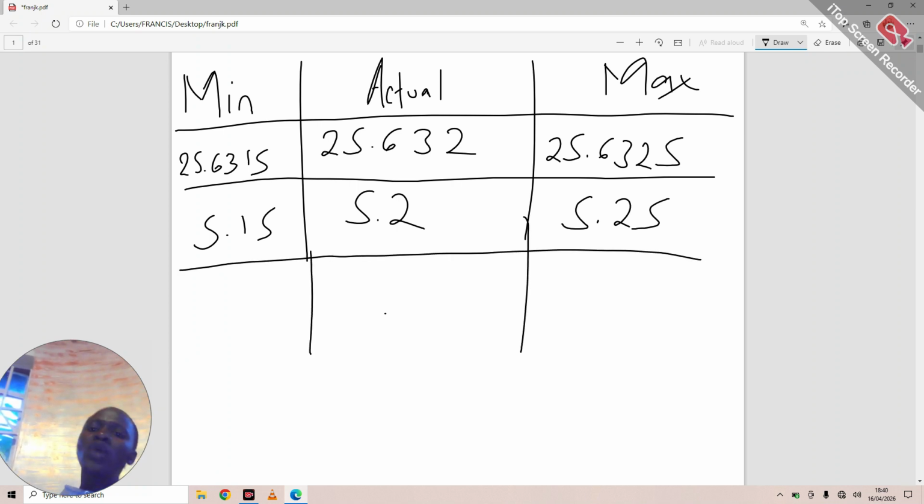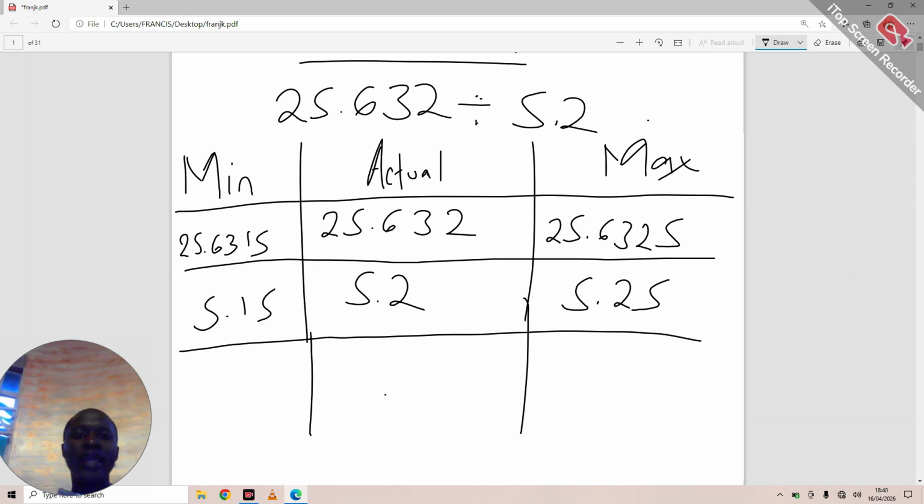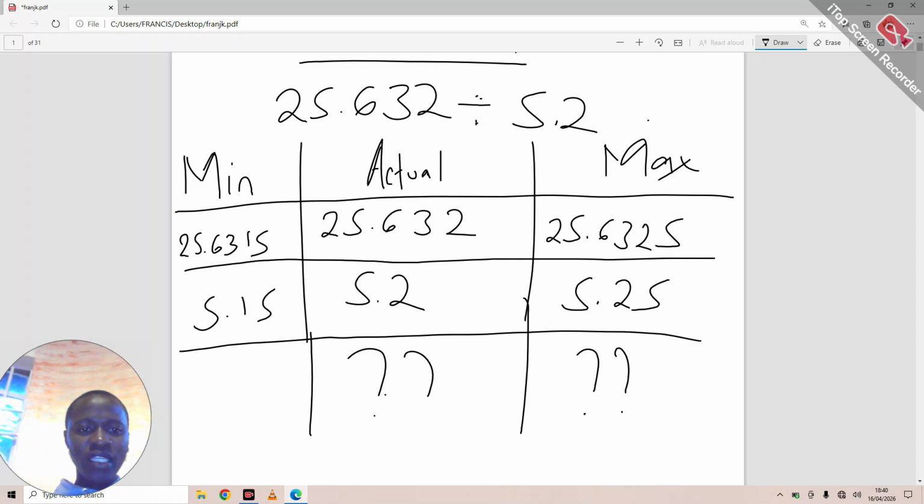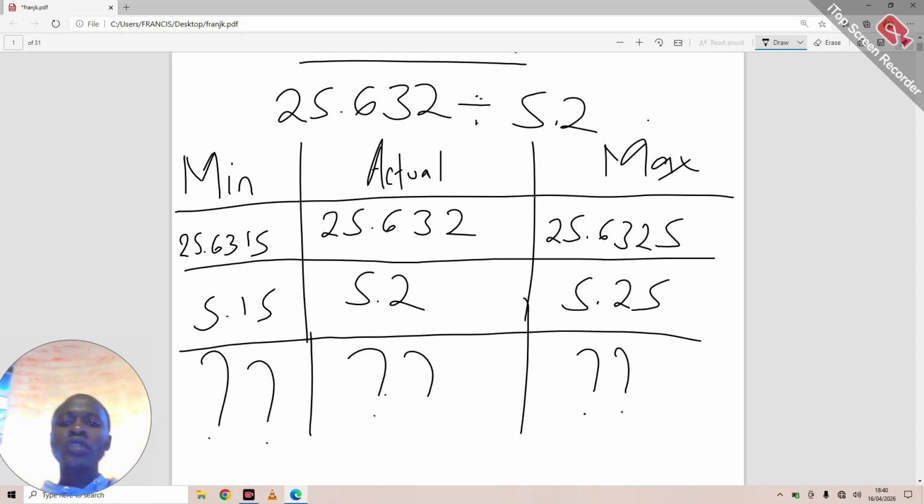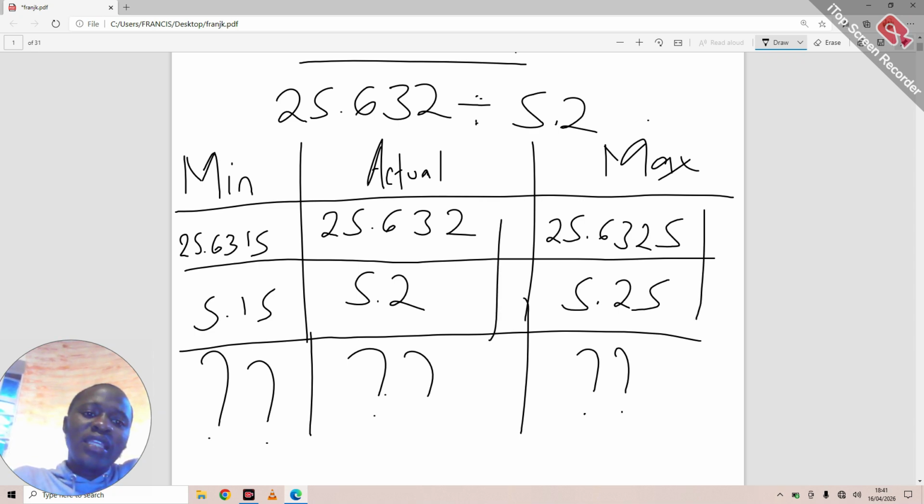Now, when you want to get the division total, for these blank spaces remaining, you don't divide directly the way we were doing before. Let me use addition. If this were addition, we were taking 25.6325 and adding it to 5.25 directly, just like that. The same we applied to multiplication.